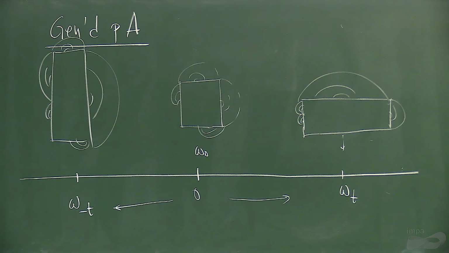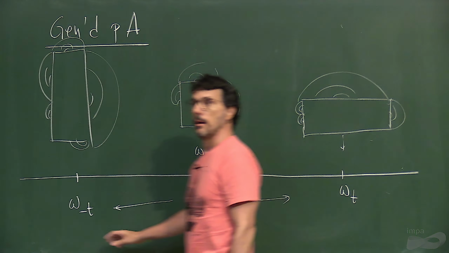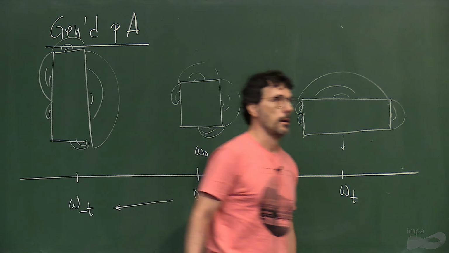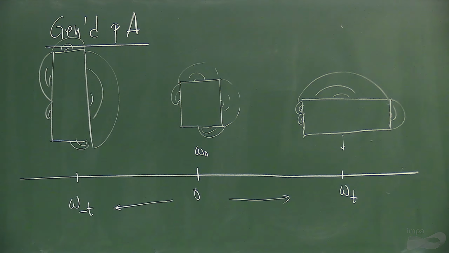All right, so this is what generalized pseudo-Anosov maps are. And then you might wonder, why not try and produce hyperbolic 3-manifolds out of these?